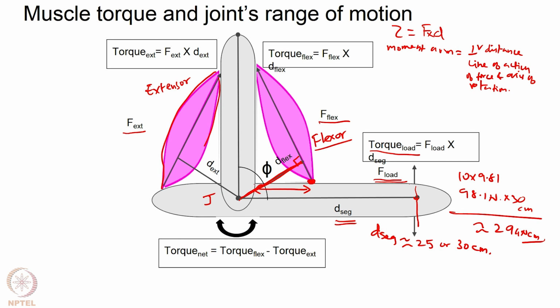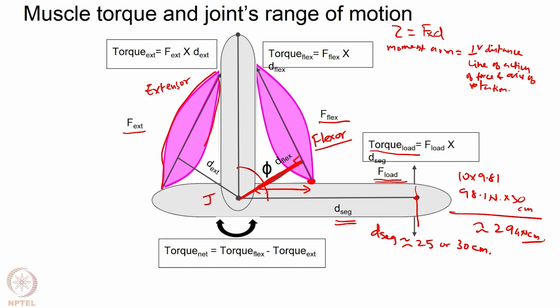But at least one thing is clear, that this is d flex, and this d flex is also a function of the angle phi. At different angles you will have different moment arms. Now, it is not clear what is the force that I need to produce. Then how does the system learn this?